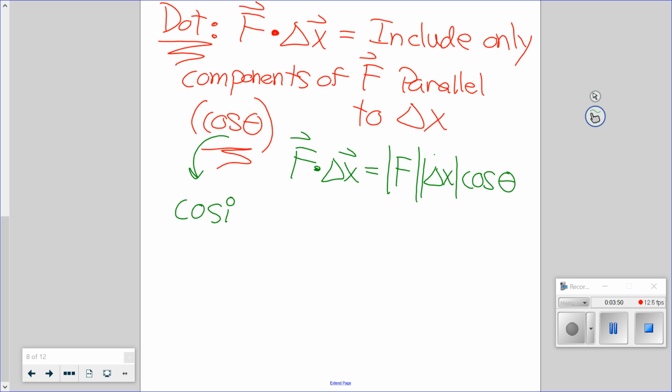That's a simpler way to write this vector stuff. And that's always equal to the work done by that force.